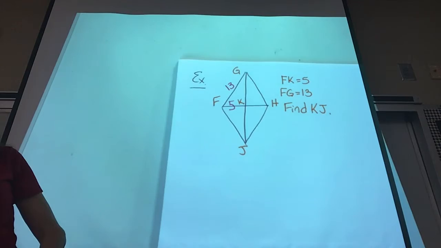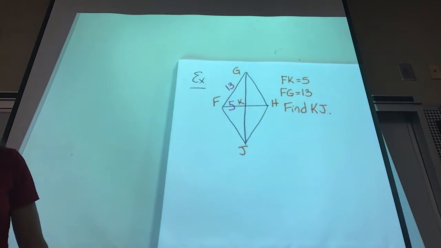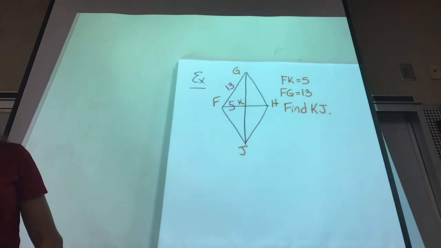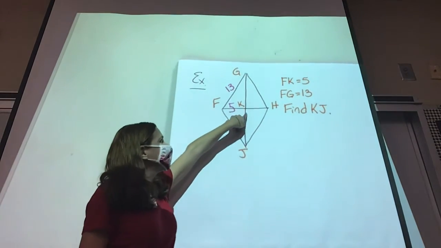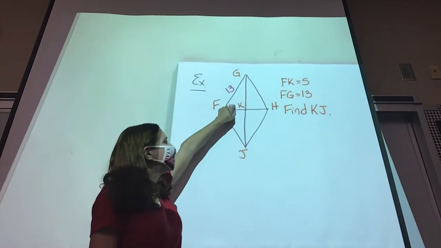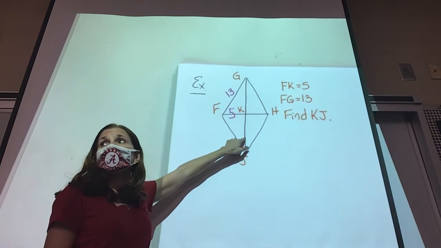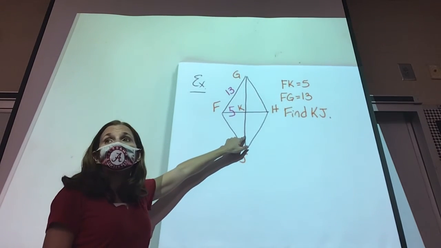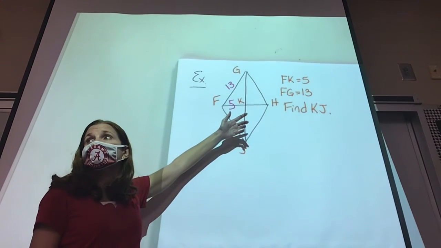So I know those two pieces. Now what they want me to find is this bottom part, KJ. Now if all my pieces are up here, how am I going to find this down here? What do I know about the diagonals?